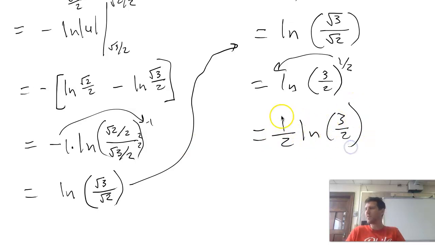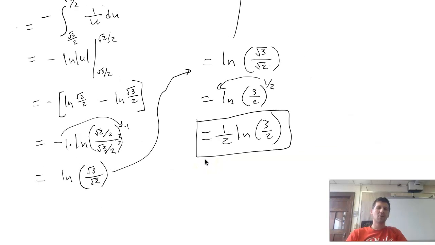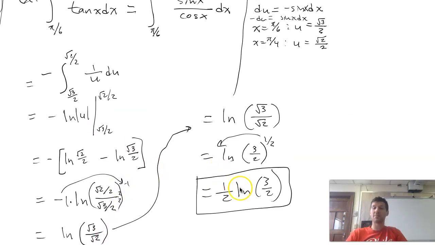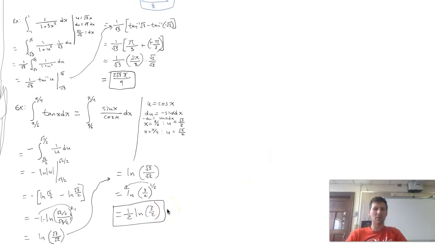It ends up simplifying kind of nicely. But wow, that was some beautiful logarithmic simplification using both the quotient property and the power property. We could get it simplified down to 1/2 natural log of 3/2.